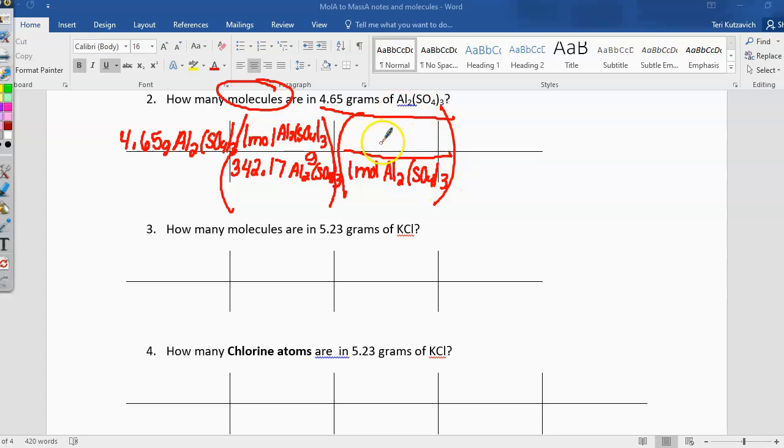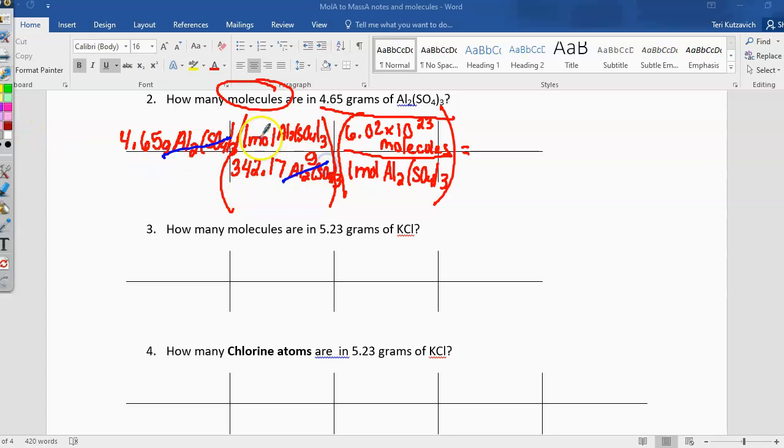And then you're looking for molecules, and hopefully some of you know that there are 6.02 times 10 to the 23 molecules in 1 mole. If you want to use 6.022 times 10 to the 23rd, that is fine. Let's go back and cross our units out.